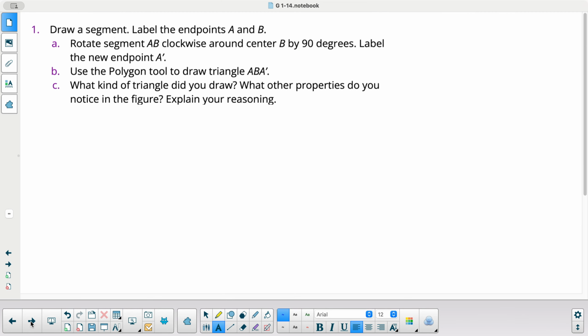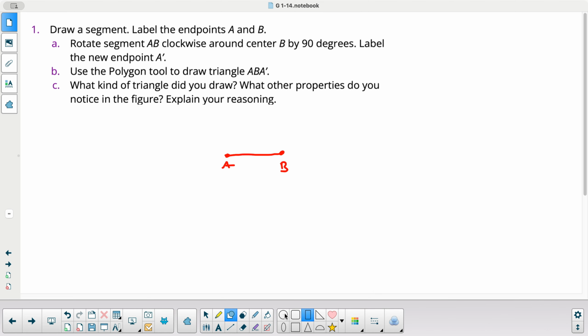Okay. All right. Draw a segment, label the endpoints A and B. Rotate AB clockwise around center B by 90 degrees. Okay, I'm going to just draw a segment right here. Here's A and B. So basically B stays fixed.